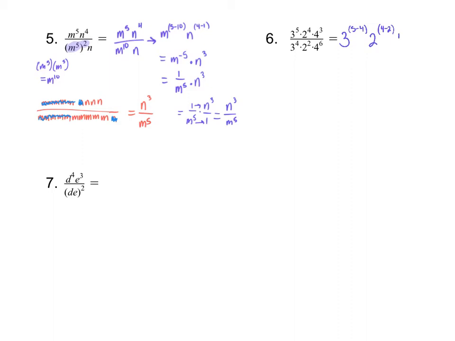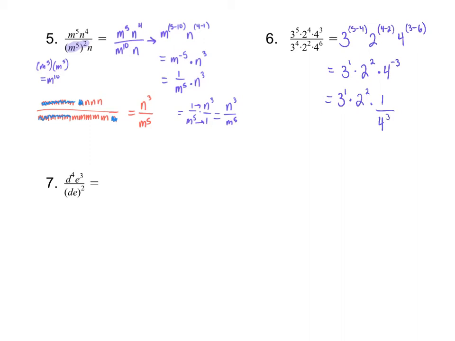And then lastly, we have 4 raised to the 3 minus 6. So this gives us 3 to the 1st times 2 squared times 4 to the negative 3rd. And I'm going to go ahead and write that negative exponent as the inverse. So 3 to the 1st times 2 squared times 1 over 4 cubed.